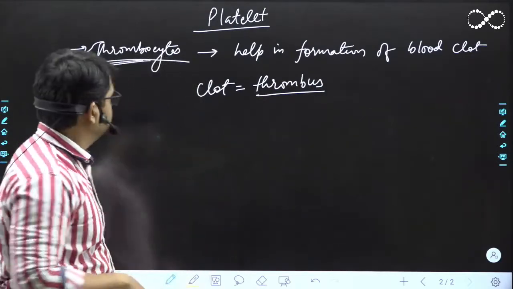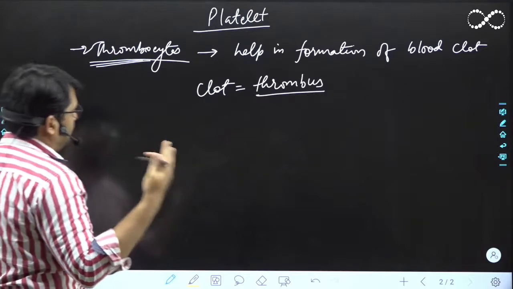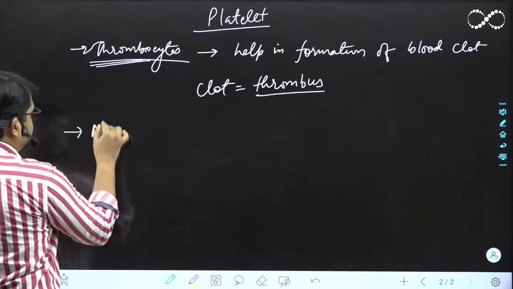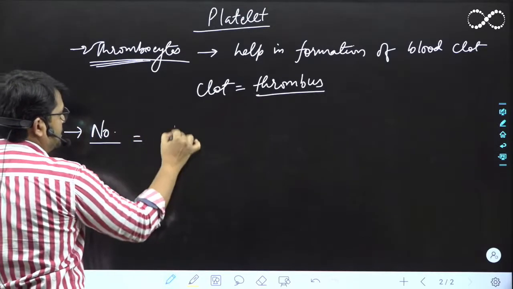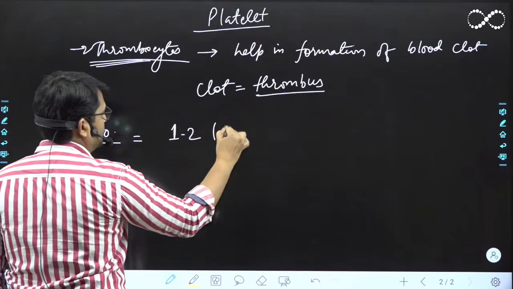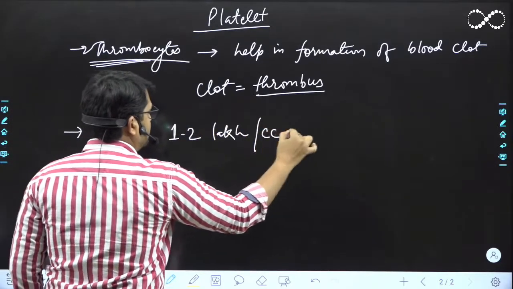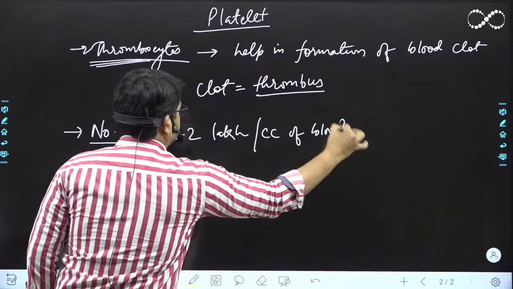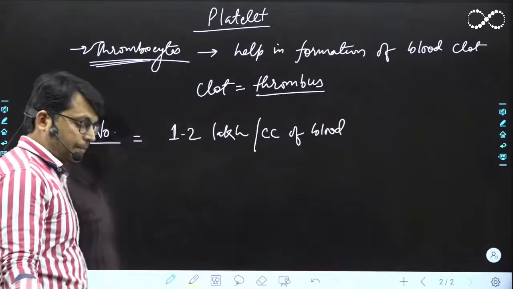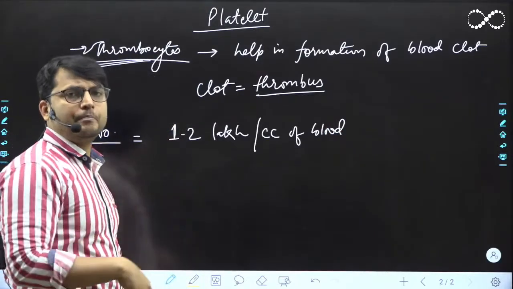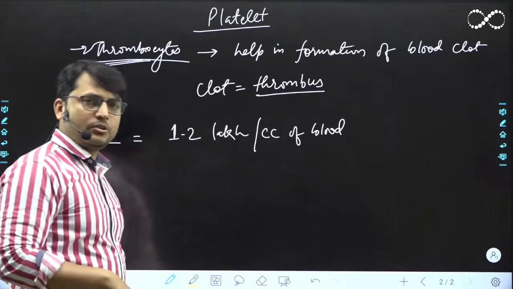So, thrombocyte. Great. Now, if we are talking about the number, it is around 1 to 2 lakh per cc of blood. Okay, thrombocytes का number कितना है? Few lakhs per cc of blood.